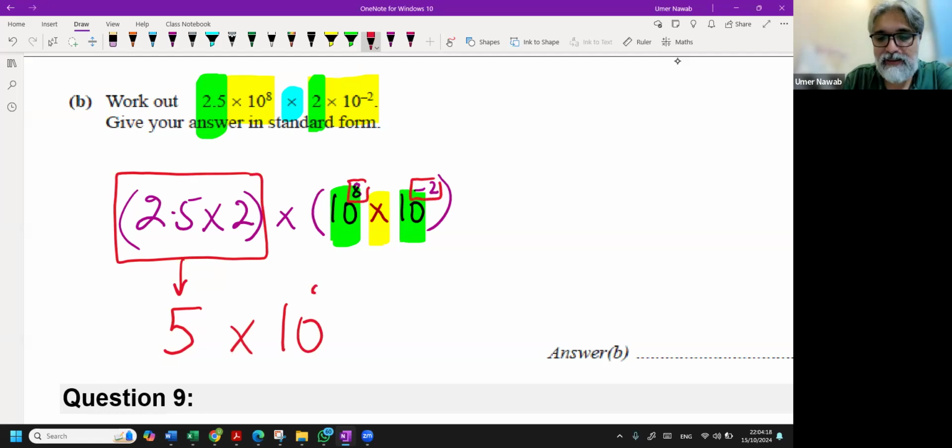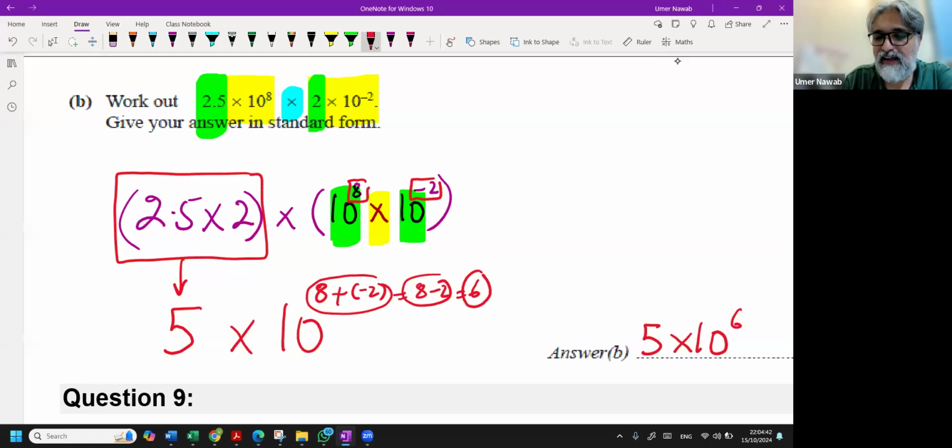Because they are multiplying, since when we multiply with the same bases the powers will be added, I'm going to write 8 plus negative 2. So 8 plus negative 2 means 8 minus 2, which is 6. So the answer is 5 into 10 raised to the power 6. Do you agree with me that 8 minus 2 is equal to 6? So 5 into 10 raised to the power 6 is the final answer. I can confirm that this is a standard form.